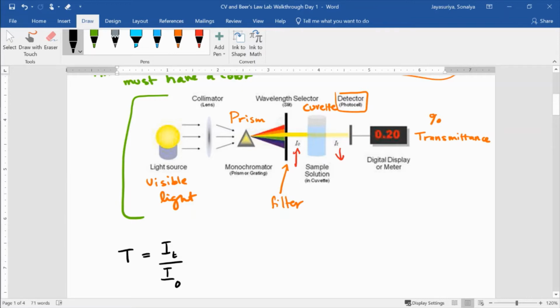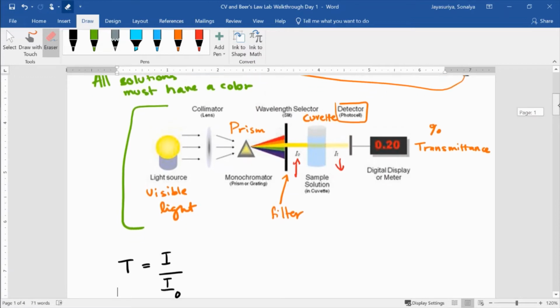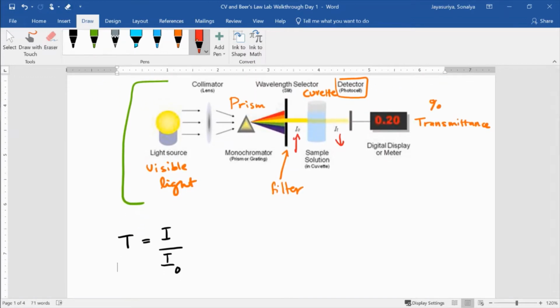or went in. Usually, sometimes you'll see in textbooks and notebooks and online sources that this is IT, but sometimes you'll see it's just I. So I over I naught is equal to transmittance. So I is the amount of light that came out, and I naught is the amount of light that went into the actual cuvette, okay?